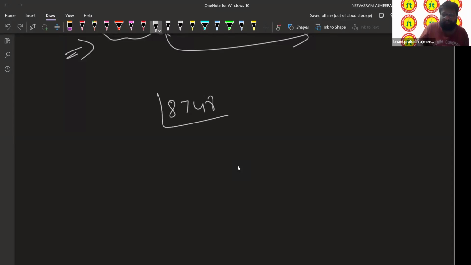8748, by the smallest number so that the quotient is a perfect cube.